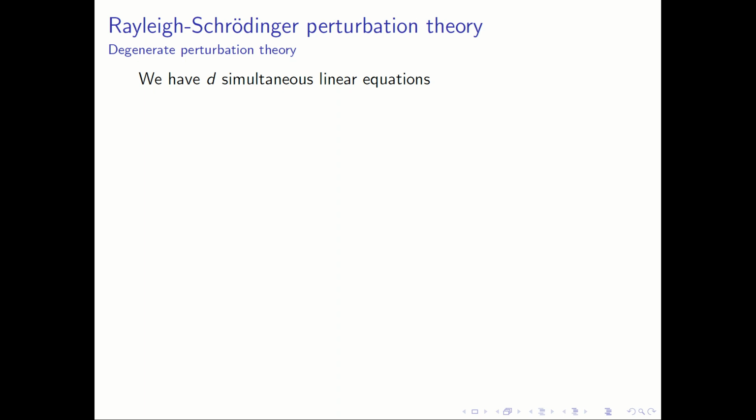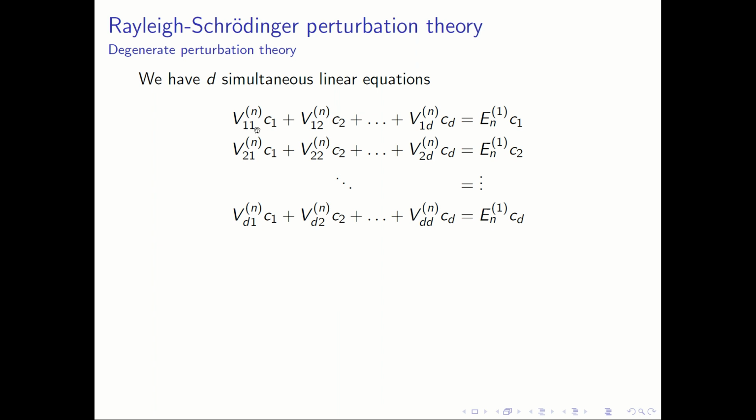So you essentially start with the first order perturbation equation, keep on hitting it in succession by phi n1, phi n2 up to phi nd, and this gives you d simultaneous equations. So V11 C1 plus V12 C2 and so on. Now this of course cries out for a matrix description, and if you do that, you get something very familiar.